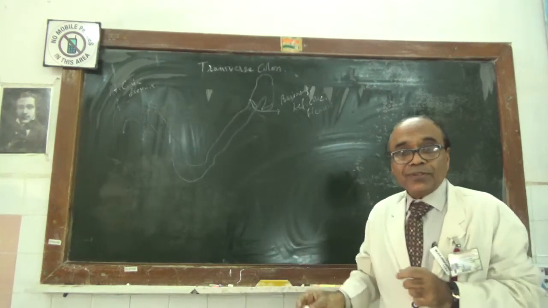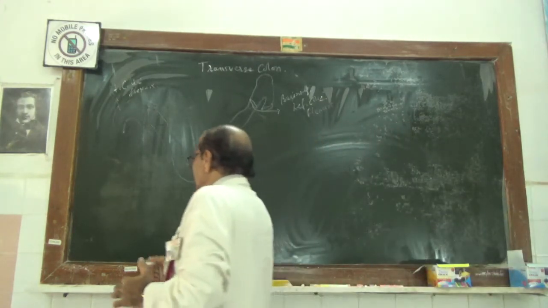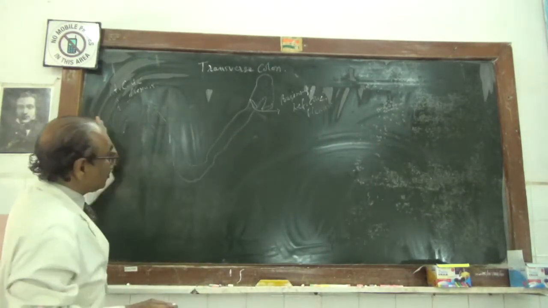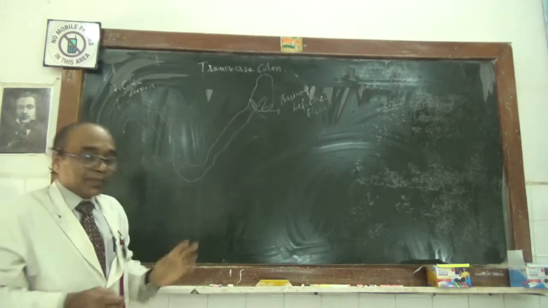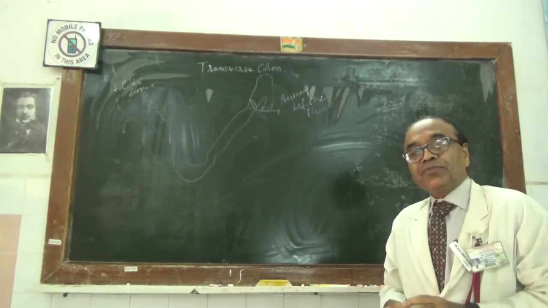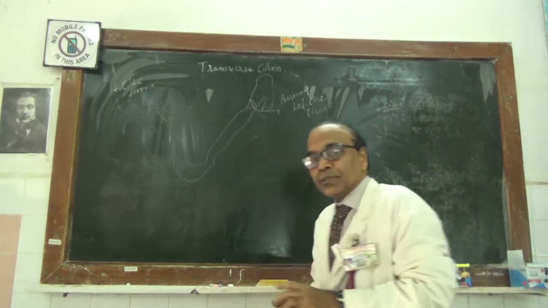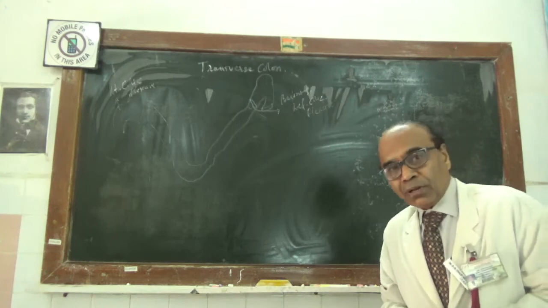Now this you can say is the transverse colon. It is crossing across the vertebral column and a few of the retroperitoneal structures, including the vertebral column.